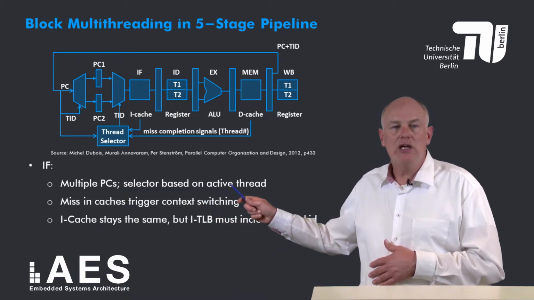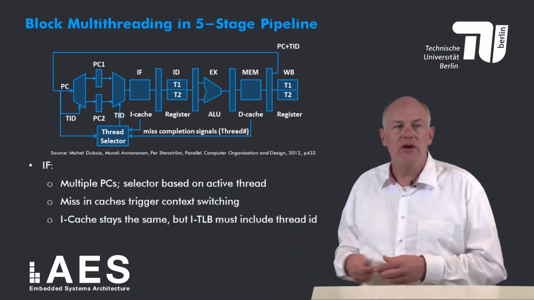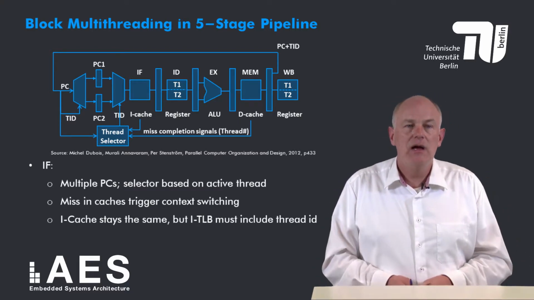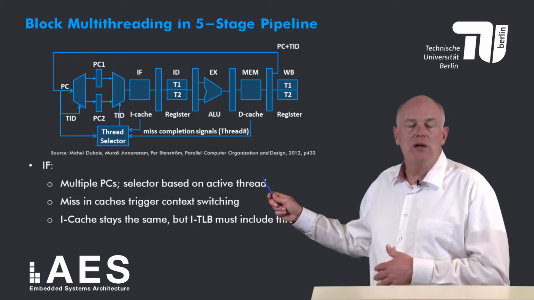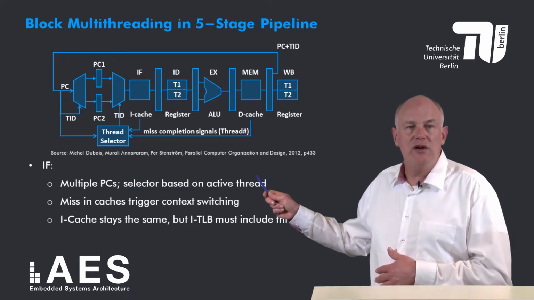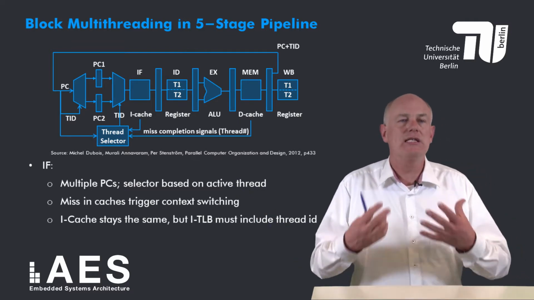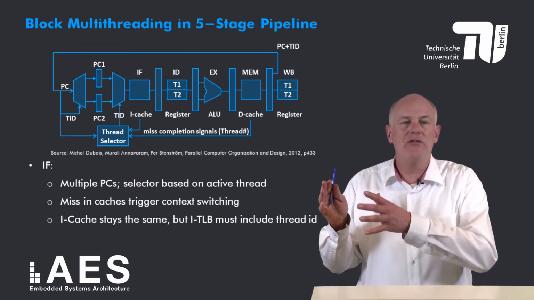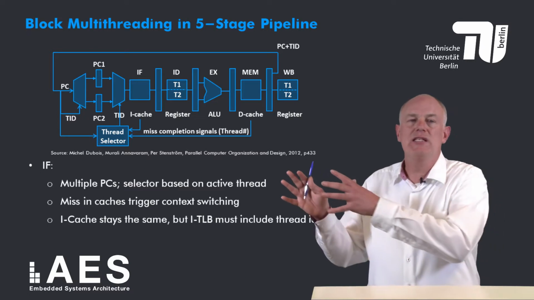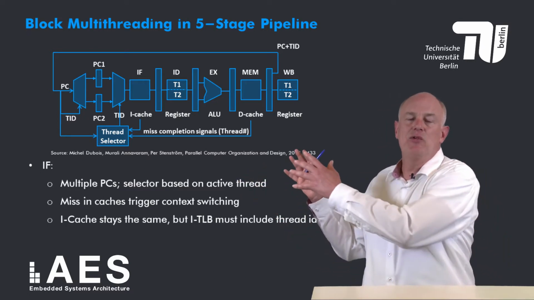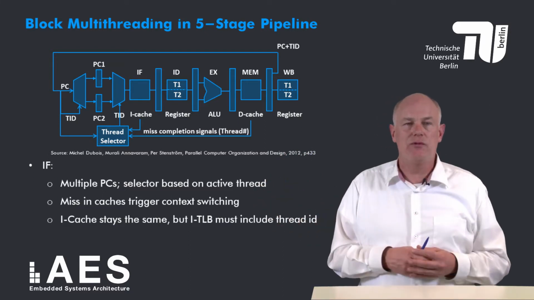However, the instruction translation look-aside buffer must include the thread identifier, because the virtual to physical address translations of the 2 threads are not the same. Virtual address 10 may map to physical address 100 for thread 1, and it may map to physical address 1000 for thread 2.